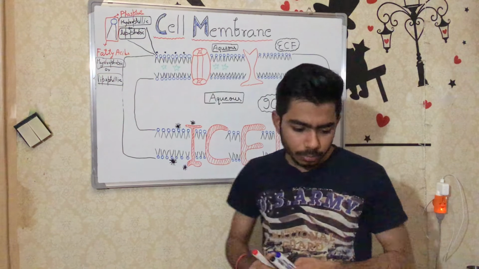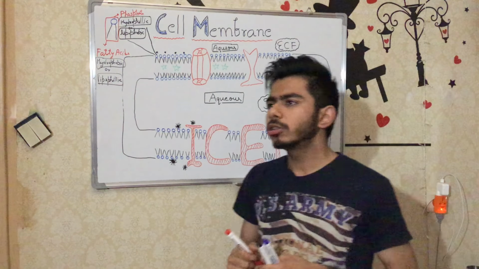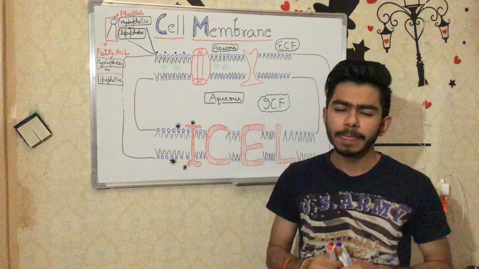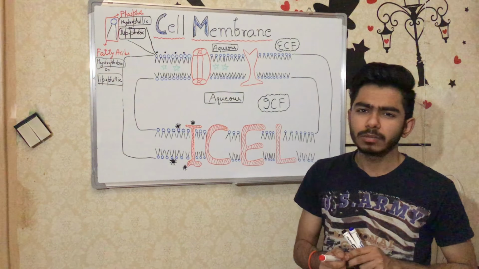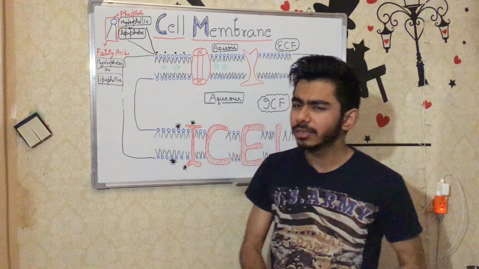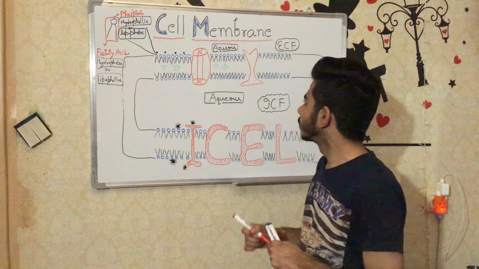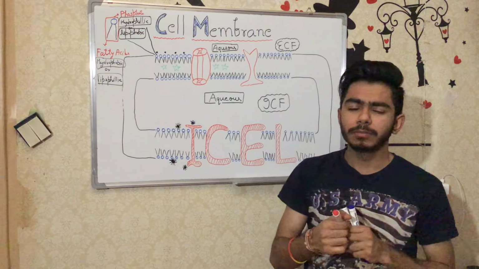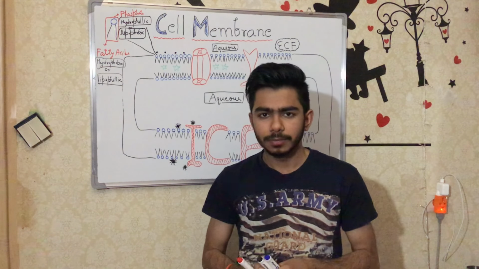Now let's talk about how the fluidity depends on various factors. I have talked about the temperature and the cholesterol level, for example, or any other substance whose increase or decrease can affect the fluidity too. But you must have heard about exocytosis and endocytosis in the cells.